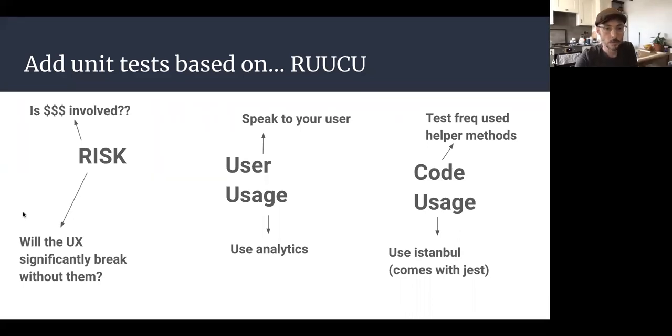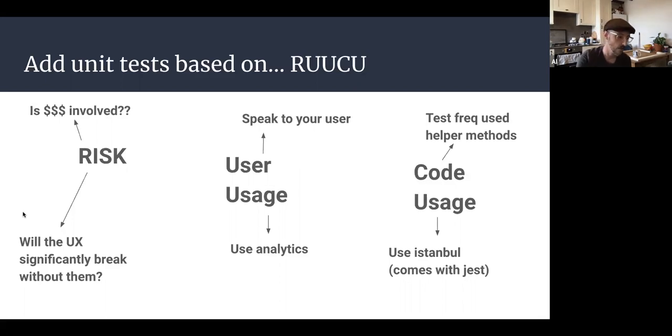So test things around where the UX will significantly break if you didn't have them, and things that are changing on releases. And test things around user usage. Speak to your users and use analytics to see the paths where your users are actually going.